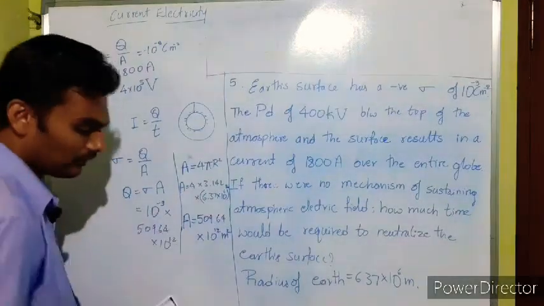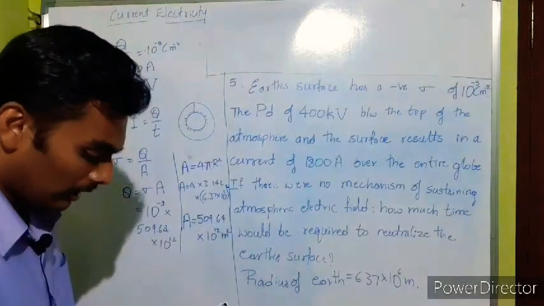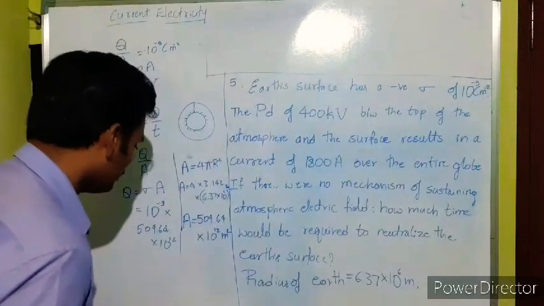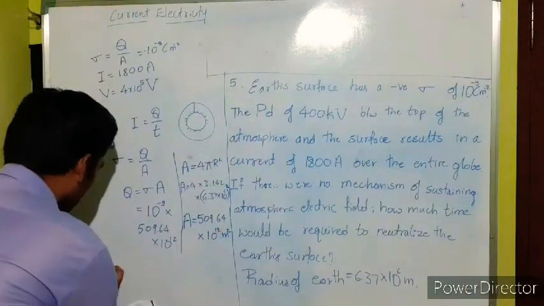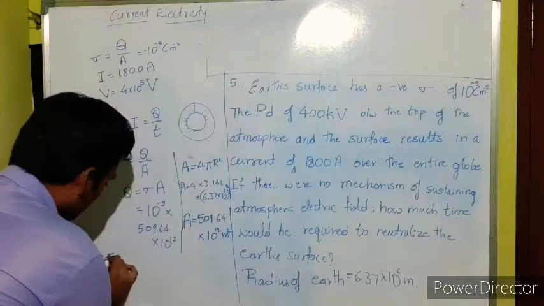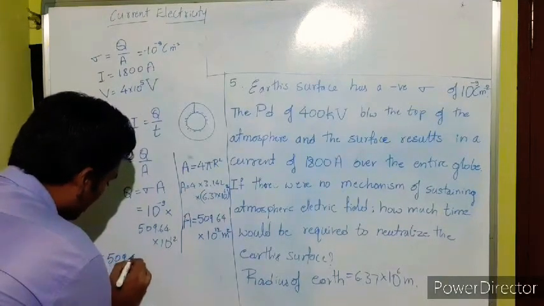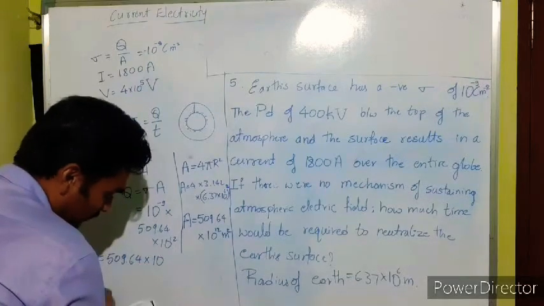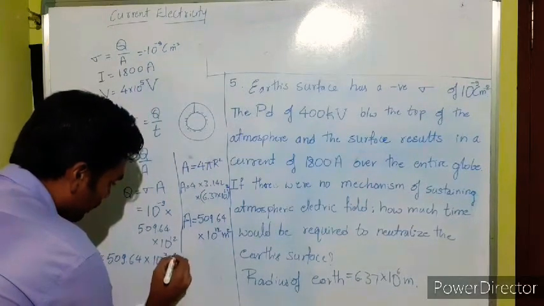Make use of the calculator and get the value of Q. So the value of Q that we get is 509.64 into 10 to the power of 3 coulomb.